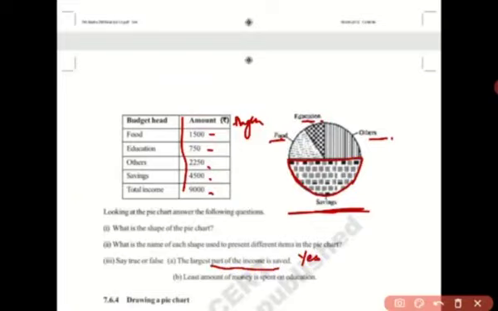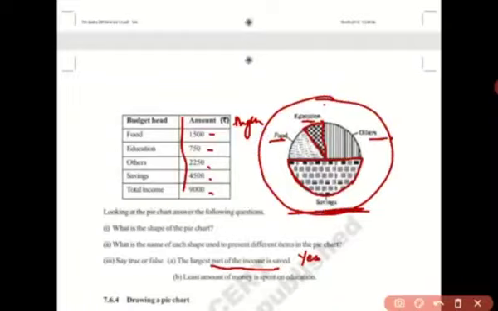Yes, this is also true. The smallest slice of the pie chart is that of education, so the money spent on education is the least amount. So this is a budget head represented with the pie chart. This is how you interpret whenever a pie chart is given.